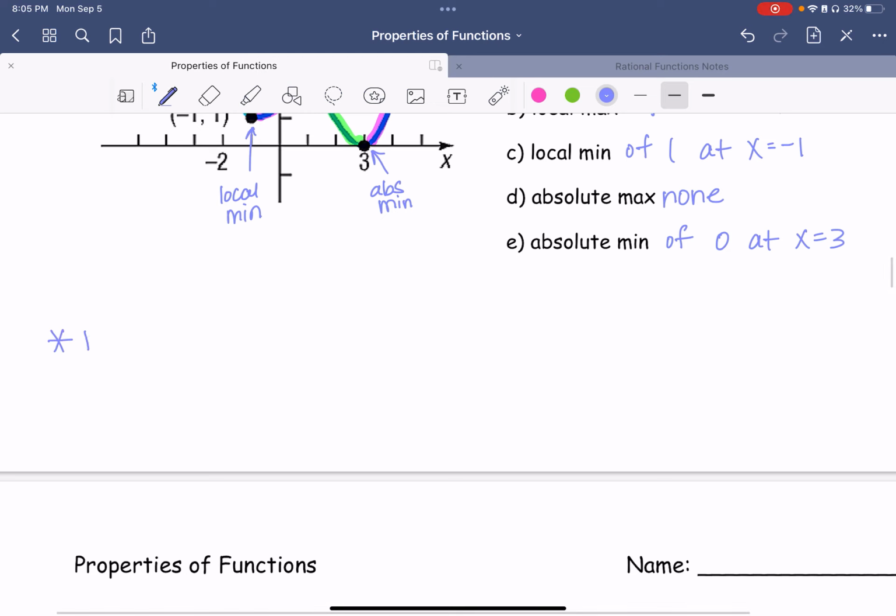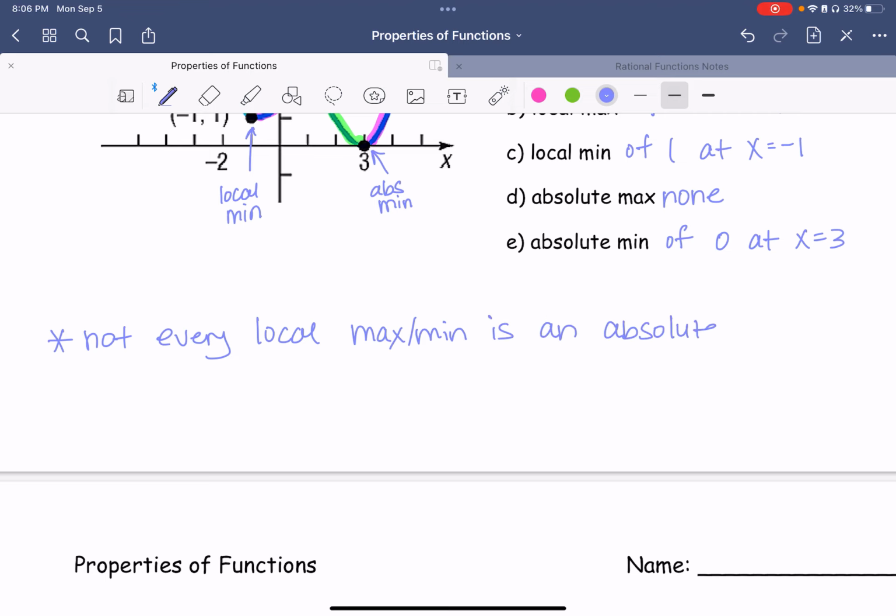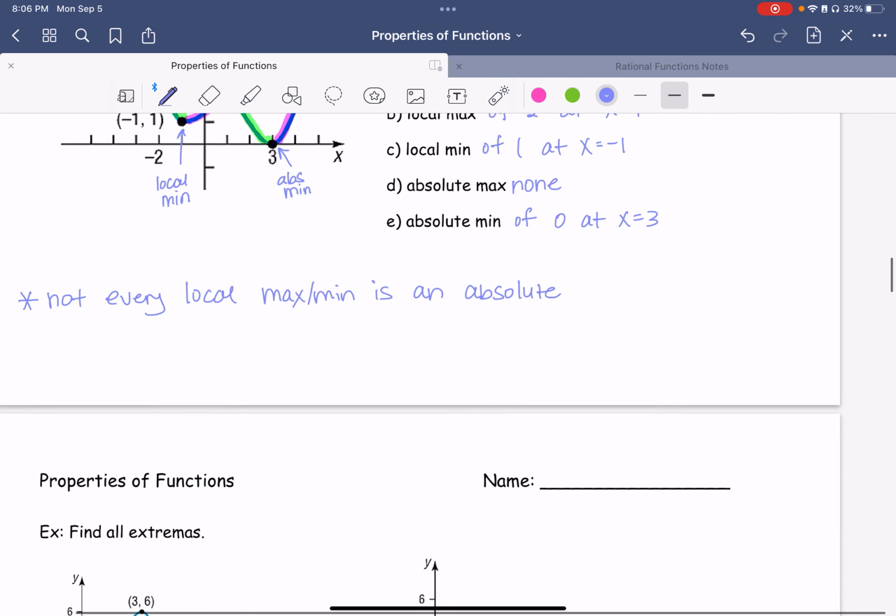Okay, so not every local max or minimum is an absolute max or minimum or extrema.